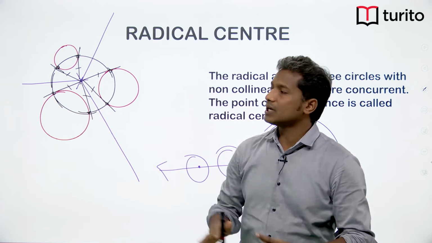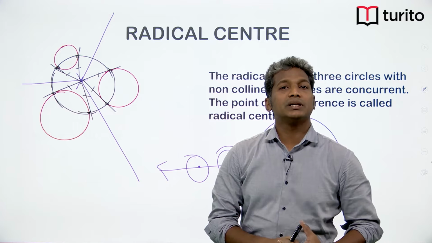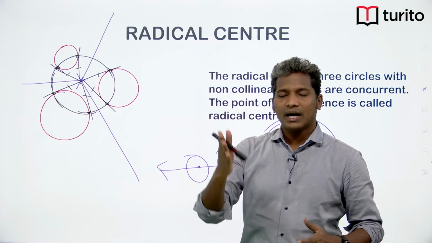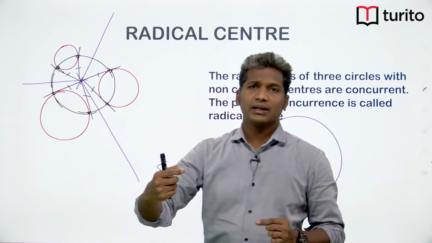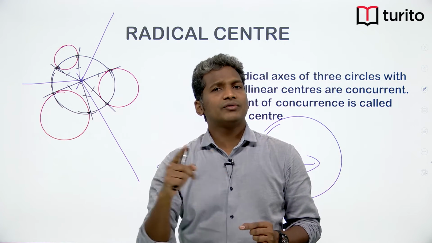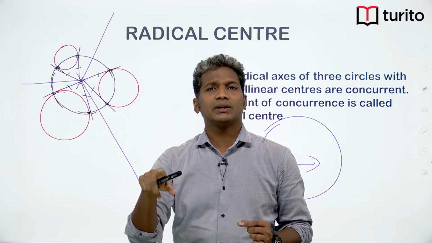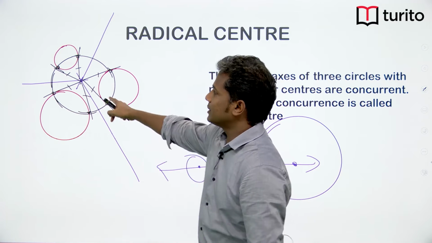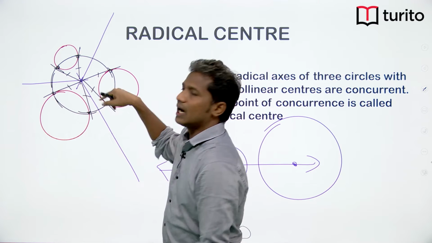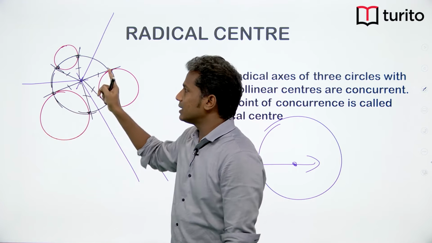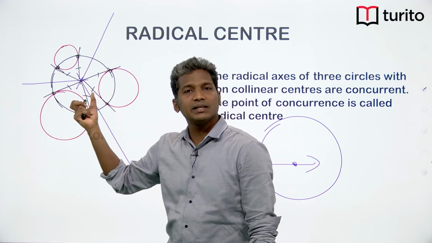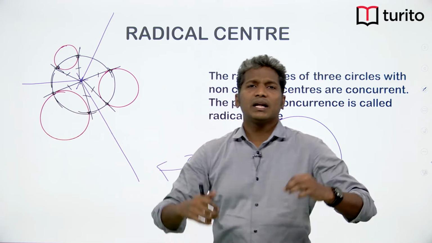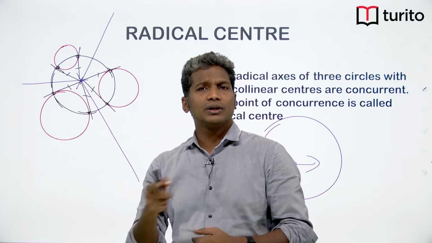It is always a standard property of the radical axis. From any point on the radical axis, by taking the length of the tangent as the radius, if I draw a circle, it is orthogonal to the 2 given circles. Now, here this point is common to all 3 radical axes. So, that means by taking that as the center and the length of the tangent as radius, if I draw a circle, it must be orthogonal to all 3.